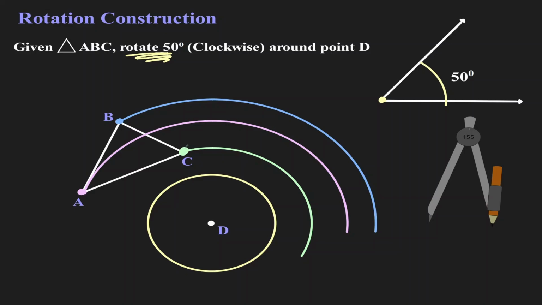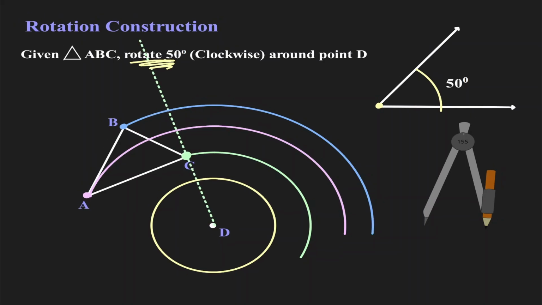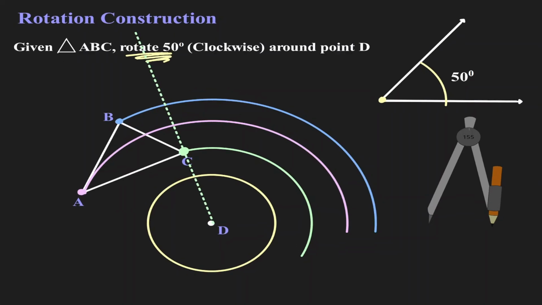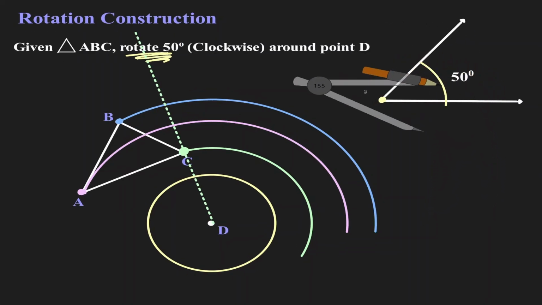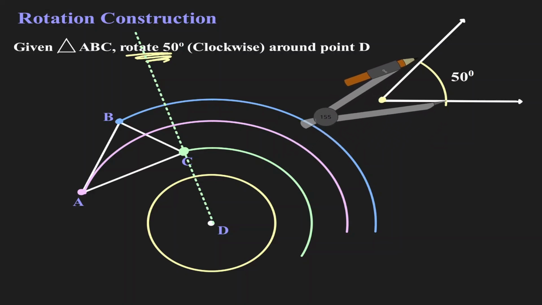Let's concentrate on point C now. Let's create a line that connects the center of rotation to C. Now let's get our compass and measure the length of this arc. So this is how much 50 degrees is. And we're going to recreate the same measurement on the yellow circle that we have in the middle. So now my metal leg, I'm going to place at the intersection of the first line.